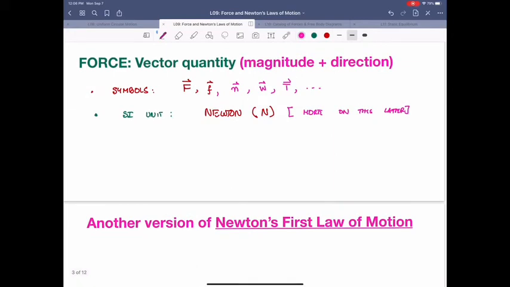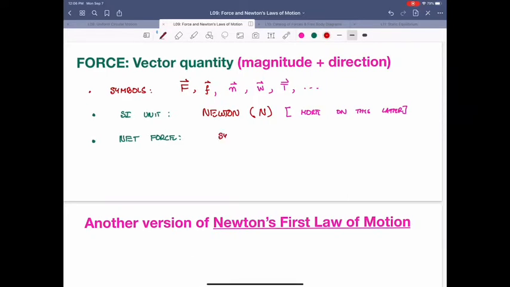And finally, we'll be using the phrase net force. And by net force, what we mean, well, first the symbol for net force, where the two possible symbols you sometimes will see written as with a sigma. Sigma just means the sum. The way you read this is the sum of all the forces. Of course, force being a vector, it's actually the vector sum of all the forces.